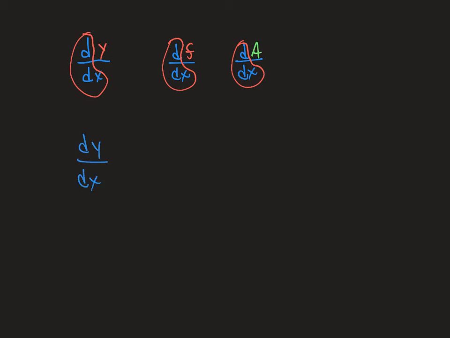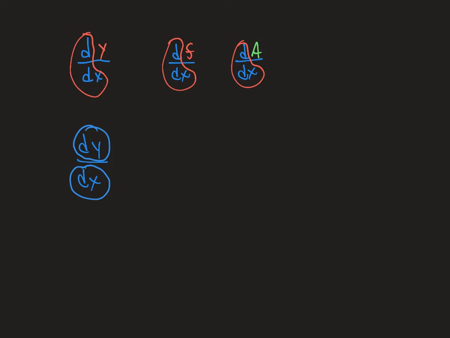So dy over dx looks exactly like the other thing, although I changed the color. But now these pieces are different. Each of these is called a differential. They're small changes in the variable. And we can do math with these little differentials the same way we would any other variable in algebra.